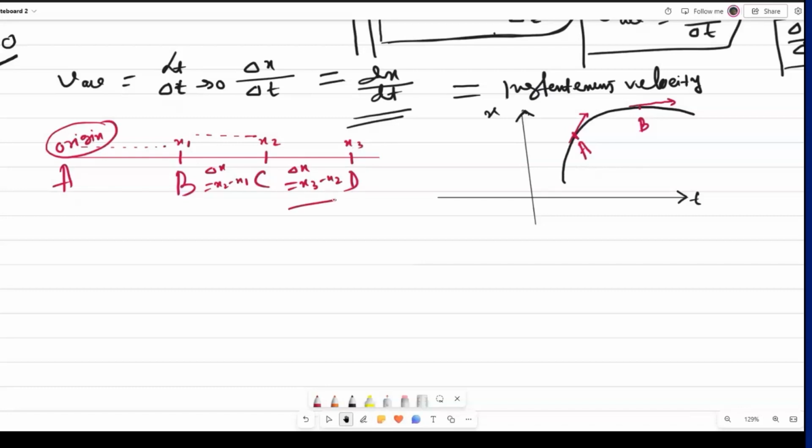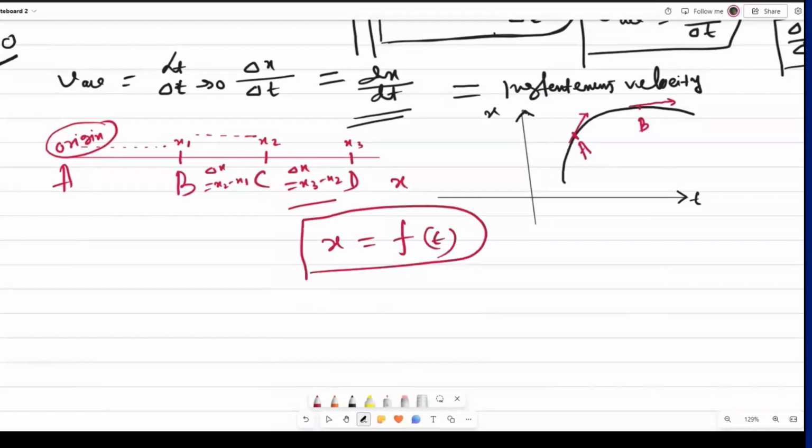Now, this change over time we are going to calculate by using calculus, and we will say that these are different values of x at different times. We write x is a function of time. This symbol is new for you.